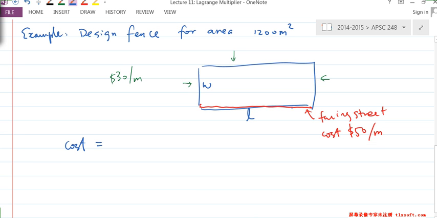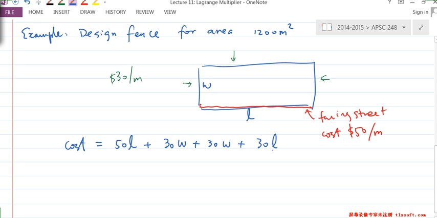So this side cost is 50 times L, and this side is $30, and this side is also $30. So what will be the cost for the other three sides? 30 times W plus 30 times W plus 30 times L. So that will be the total cost for your fence.